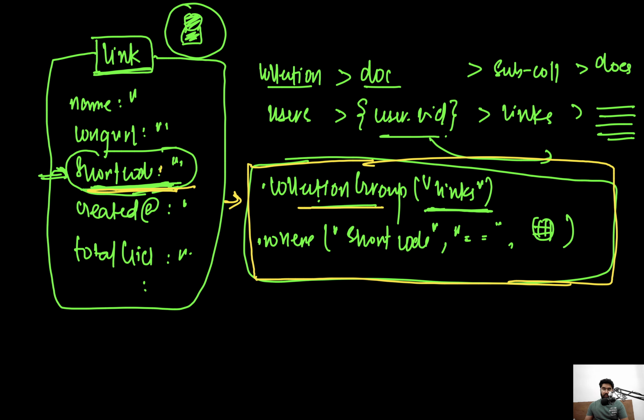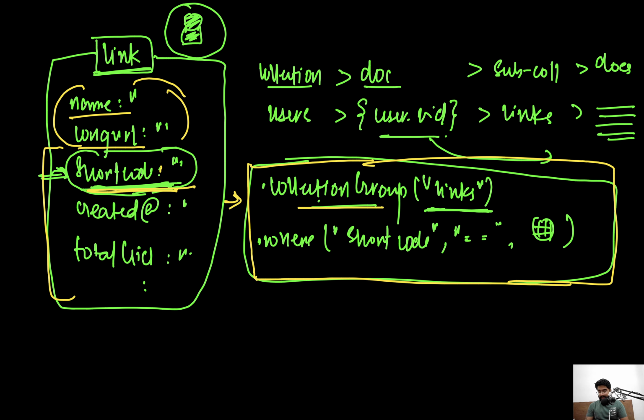Cloud functions are your code on the server, which means you can run all the secure things you want to do. They're serverless functions. You don't need to have a server in order to deploy functions. It's a service provided by Firebase, and we will be getting to that. Anyway, we can shift the entire thing to the server, where the user just provides the name and the long URL, and the rest of the fields are added on the server, in the cloud function. So that's one way in which we can do this.